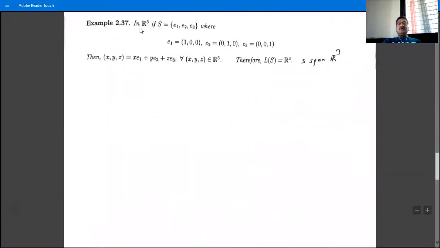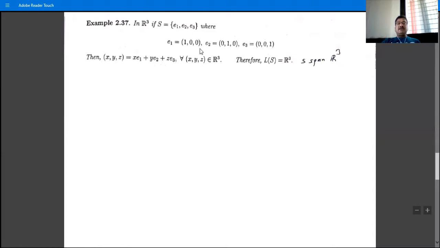Here in R3, if S is equal to {e1, e2, e3}, where e1 is (1, 0, 0), e2 is (0, 1, 0), and e3 is (0, 0, 1), then any element (x, y, z) of R3 is expressed as x times e1 plus y times e2 plus z times e3, which is x(1, 0, 0) plus y(0, 1, 0) plus z(0, 0, 1), equal to (x, y, z). That is, every element of R3 is expressed as a linear combination of e1, e2, e3.